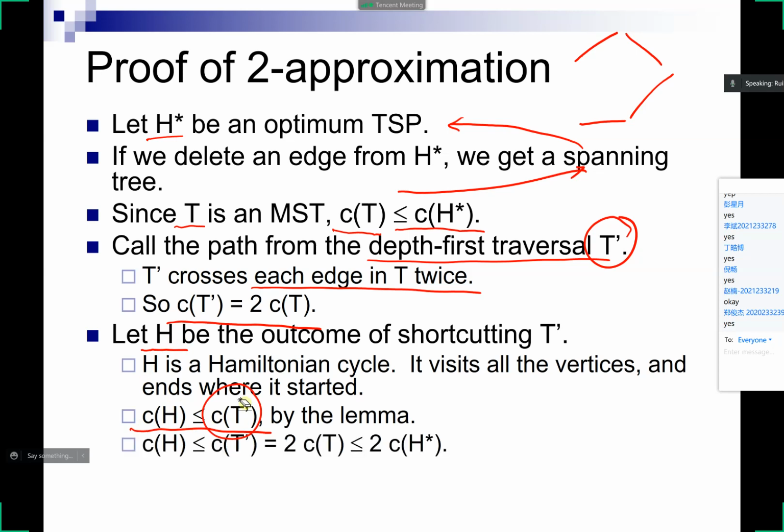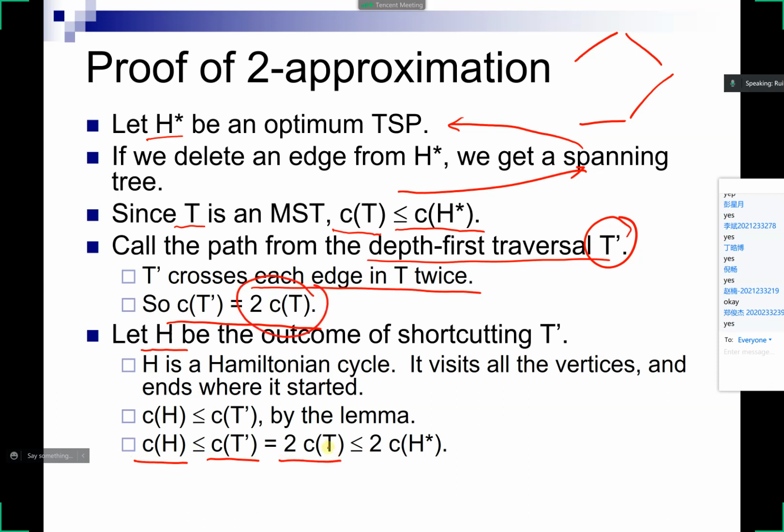Now we put everything together. Our shortcut graph, which is what we output, has cost no more than the original DFS, and the DFS is no more than 2 times the cost of the MST.